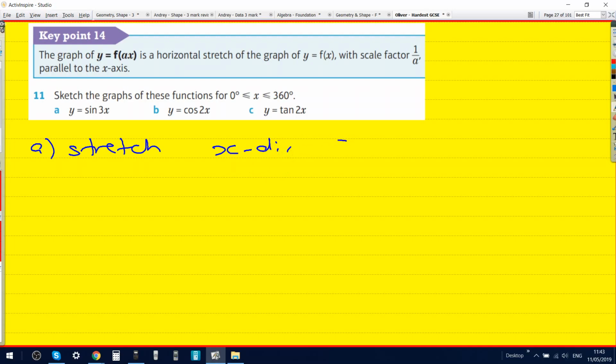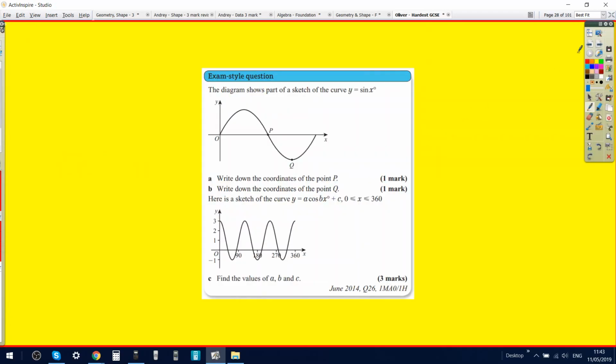A third? A third, yeah. Scale factor a third. So it's always a reciprocal.